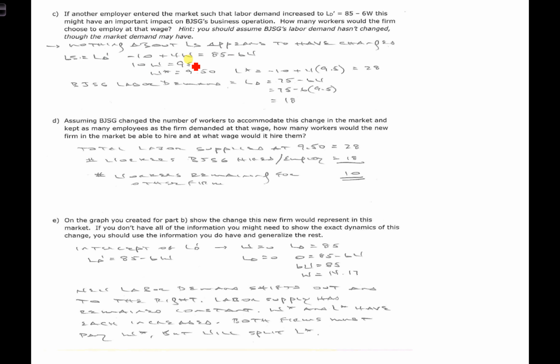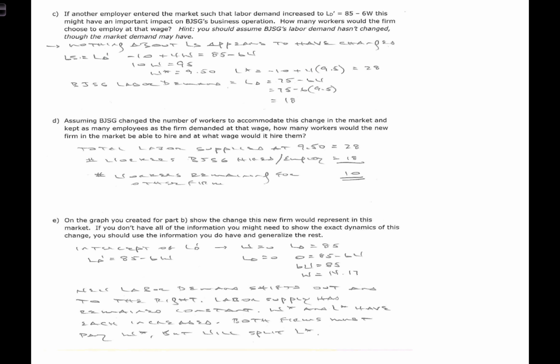If I put that W star into either of these equations for the modified labor demand or the original labor supply and substitute it for W, I'm going to find that the new L star is equal to 28. Well, that's great. That tells me the total number of workers that are going to work in this market at the market clearing wage of 9.5.